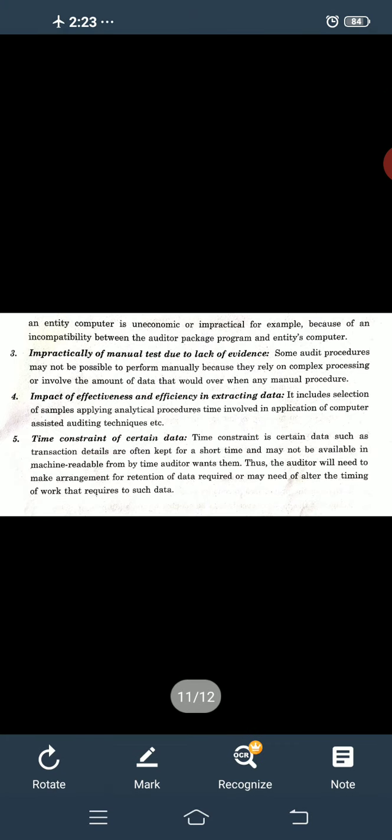Thus the auditor will need to make arrangements for retention of the data required, or may need to alter the timing of work that requires such data.